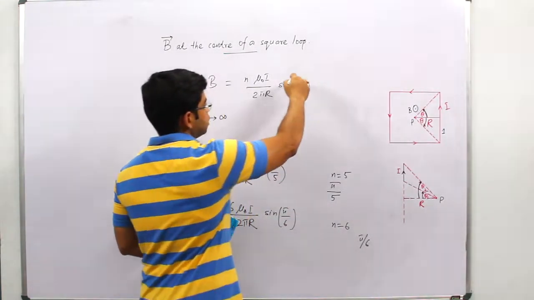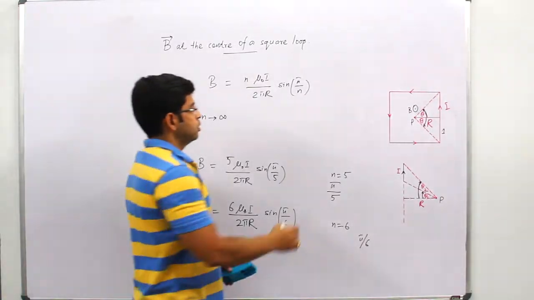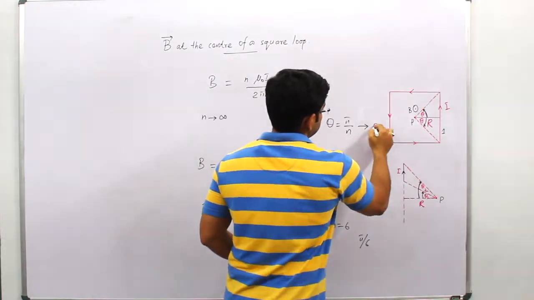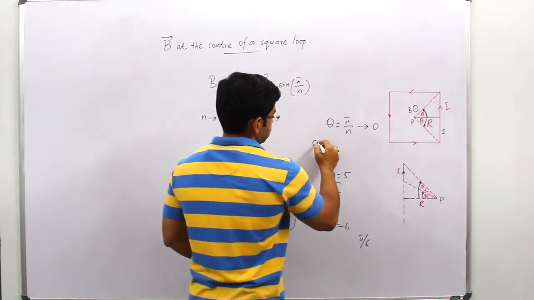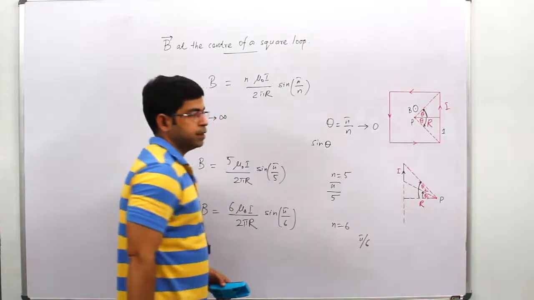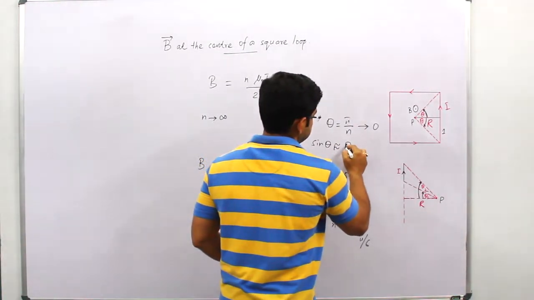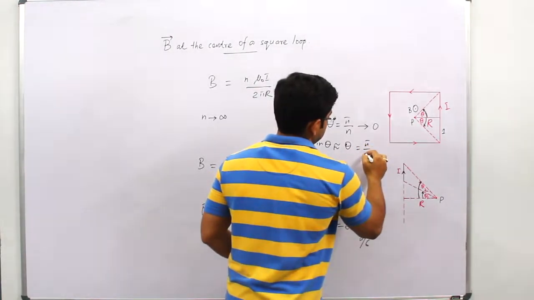So you see this quantity pi by n, say theta equals pi by n, will tend to 0. So sine theta in that case, if theta is very small, can be approximated as simply theta, that is equal to pi by n.